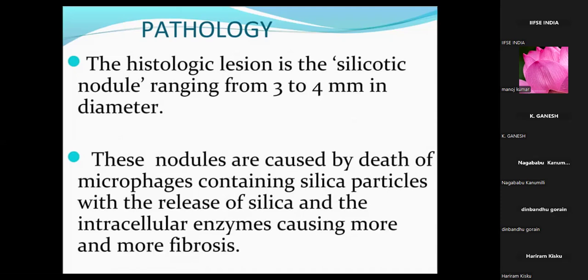Macrophages are a type of white blood cell that, when they encounter this silica dust, take up the silica particles and die in the lungs. So this again you can see as a nodule. With the release of silica and intracellular enzymes, it causes more and more fibrosis. When the white blood cell takes up the particles and dies, it also releases enzymes that cause the fibrosis.